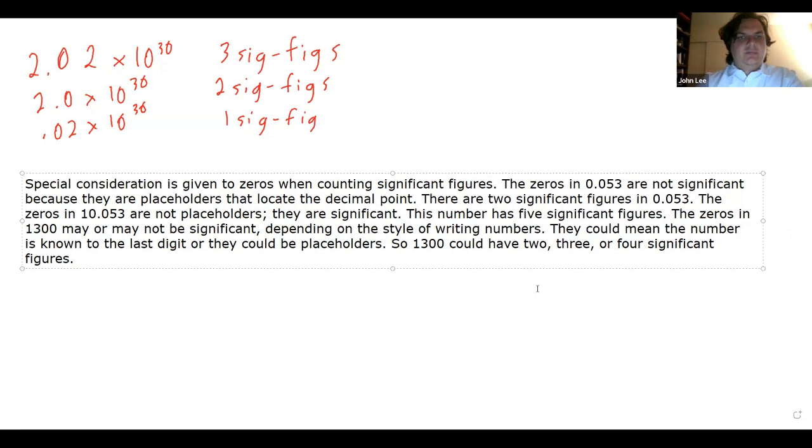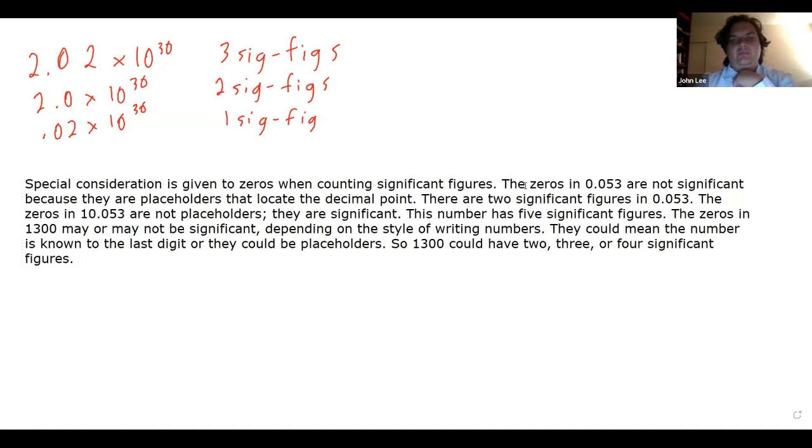So that is important when you're doing measurements or when you're doing calculations. And in addition to this, we have rules for adding them up or multiplying them.